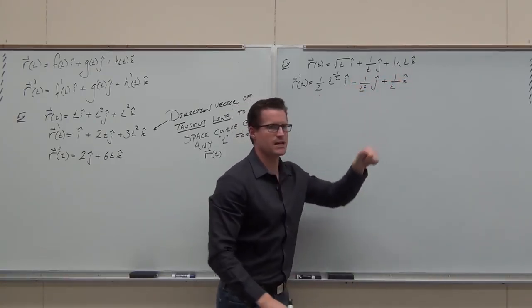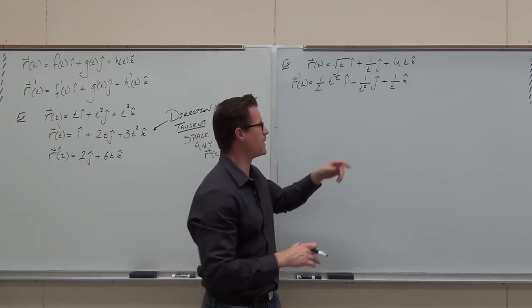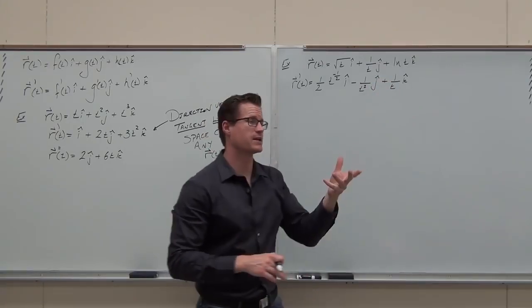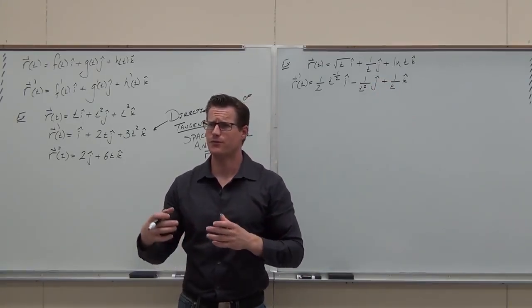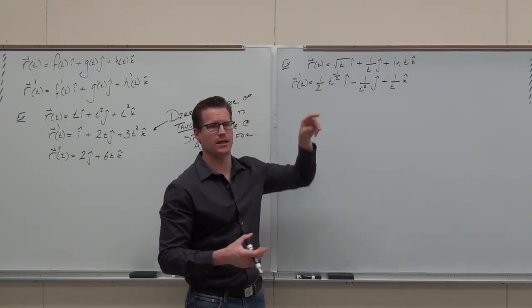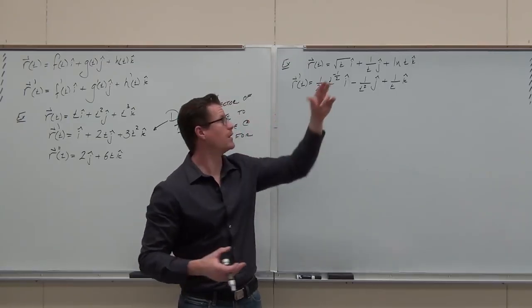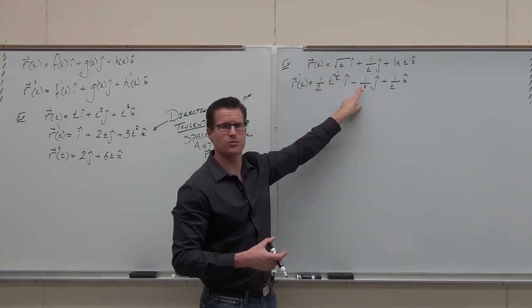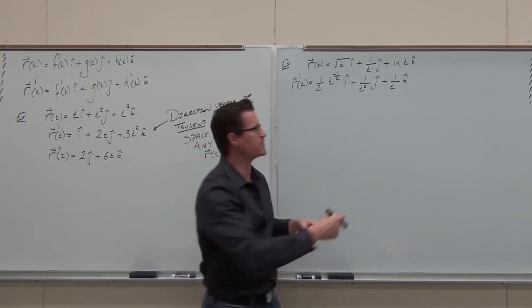If you want to leave that as t to the negative 2, that's probably a better idea unless you're really good at doing them in your head, that's fine. And then 1/t, you can leave that as t to the negative 1. Either way is fine. Now, if I'm given a final answer, whatever I give you here, like if I give you a square root, I want your answer in terms of that square root. If I give you the 1/t, I want your answer in terms of that 1/t squared. Just put it back in the format that I give it to you, and that's generally accepted.